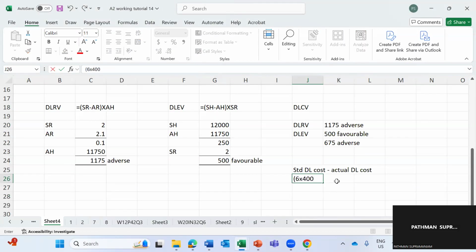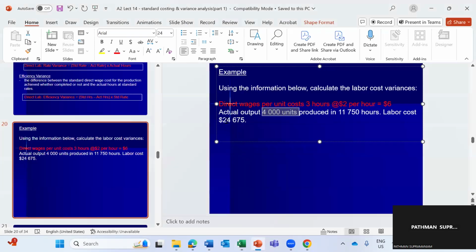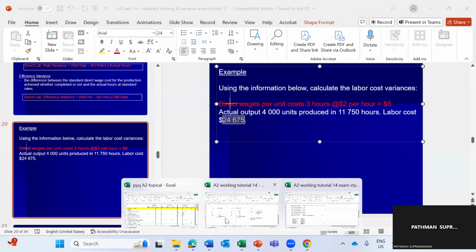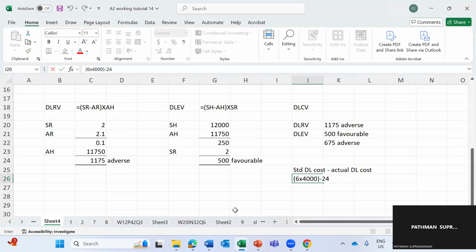Minus the actual direct labor cost of 24,675. As you can see, the difference is 675, and because the actual cost is higher than the standard cost, we end up paying more than we should, so it's adverse.